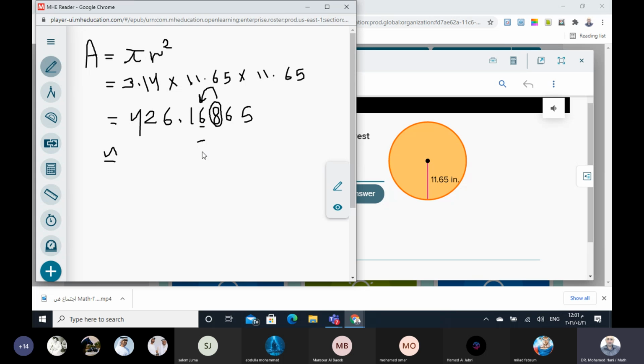So here will be 7, and here 1, and here we have the point 6, 2, 4. So the answer will be 426.17 inch squared. But Mister, if we didn't round and we put the answer here, would it be right? This answer is exact. But if the question says round to the nearest hundredths if necessary, you will get this answer. Okay?